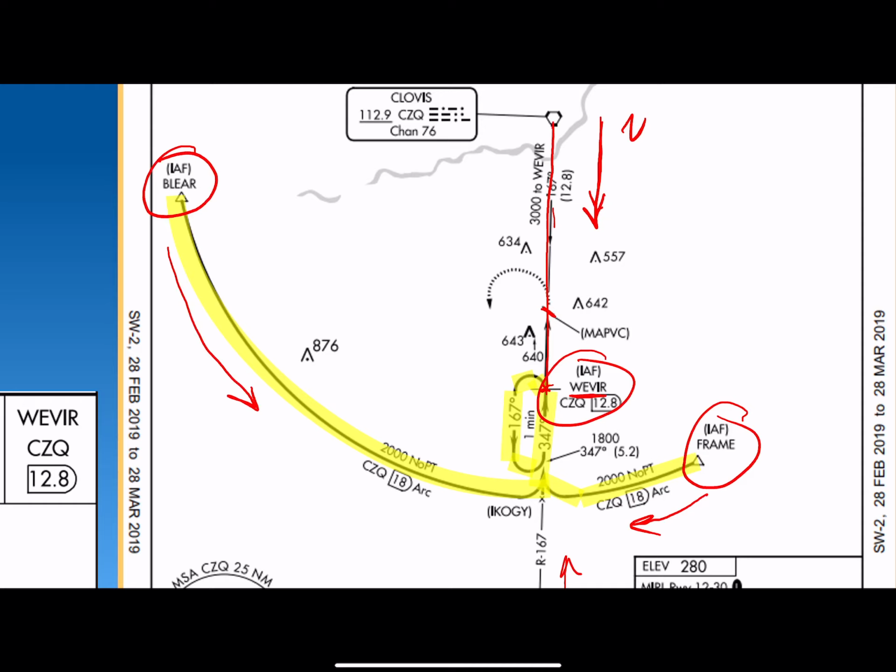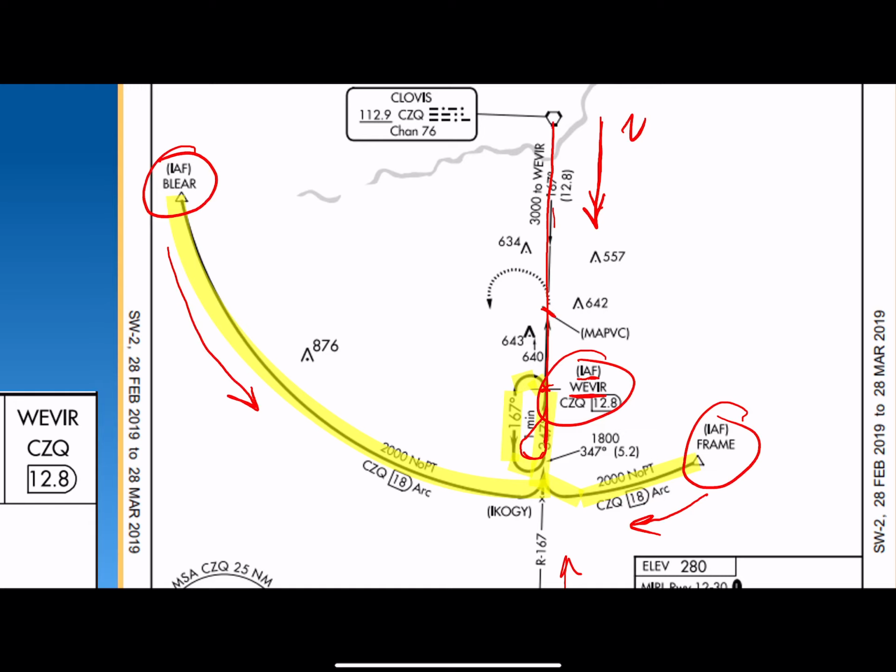In this case, I would fly out and do a parallel entry technically into this hold. So I'd fly out for a minute, I would turn to the right, come back inbound, and once I was reestablished at Weaver, now I've started my intermediate fix.